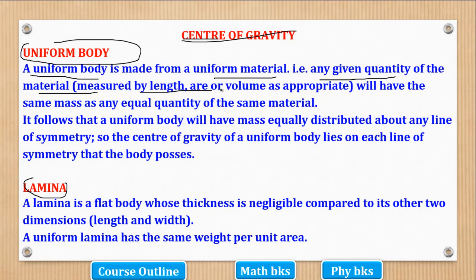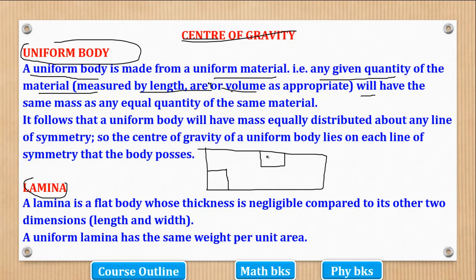A uniform body is made from a uniform material, i.e., any given quantity of the material measured by length or area or volume will have the same mass as any equal quantity of the same material. For example, I cut off 1 meter by 1 meter by 1 meter here, and I measure its mass. I also cut another portion, 1 meter by 1 meter by 1 meter.